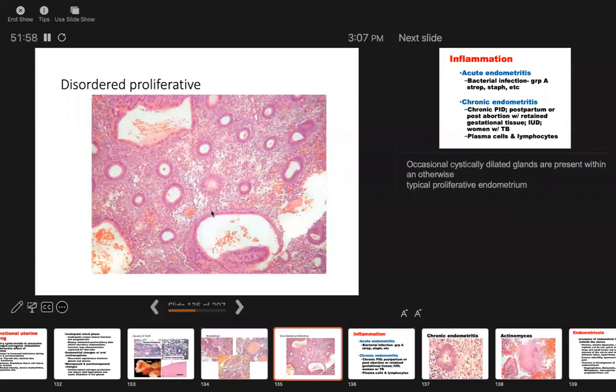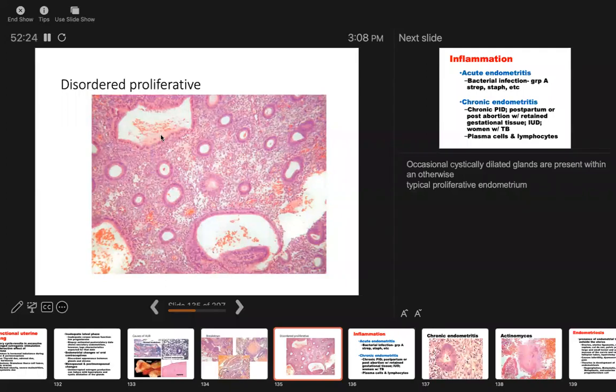Why? Because in here, the glands somewhat are not so near each other. There is basically intervening stroma. That's the difference. If it is hyperplastic, usually there is little or no intervening stroma. The glands may be cystically dilated in both, but it is only few if it is disordered proliferative.